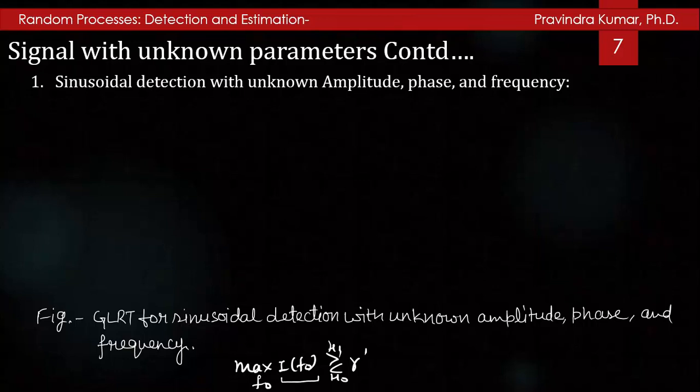I(F0), from the previous slide, is the combination of x[n] and the exponential form of the signal, in the form of sine or cosine, so it will be 1 by N times the sum of x[n] e to the power minus j 2 pi F0 n.